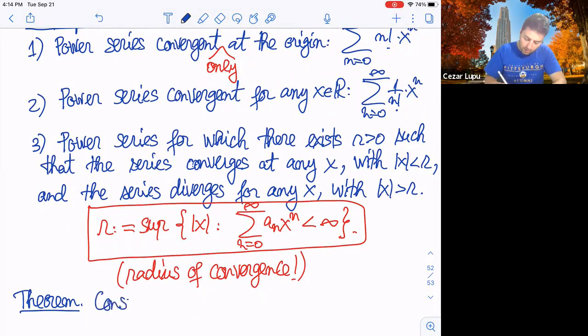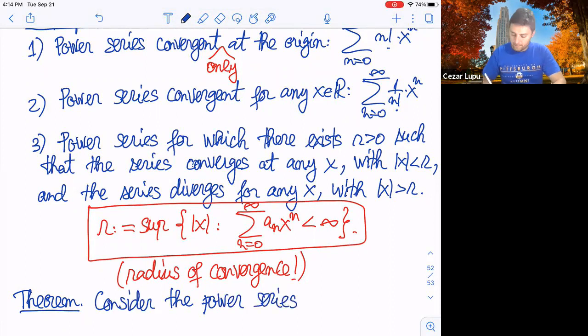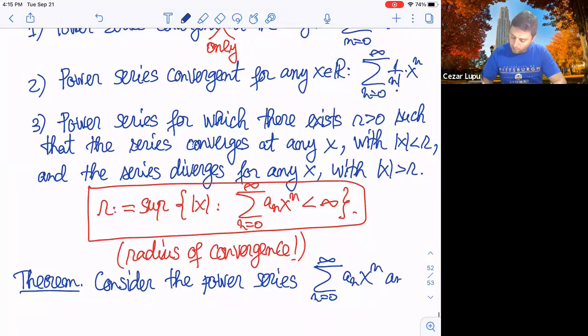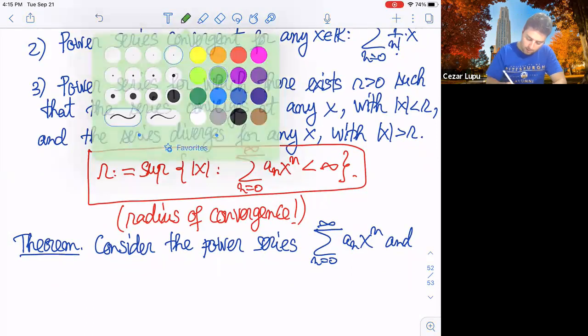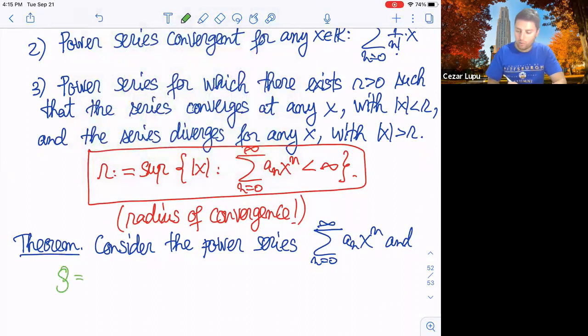So if we consider the power series, and define rho in the following way: this will be the limsup as n approaches infinity of the nth root of the absolute value of a_n.